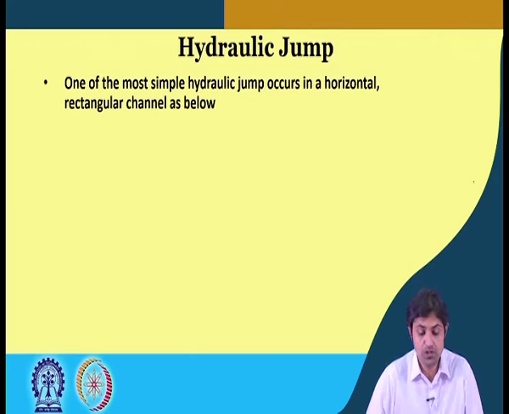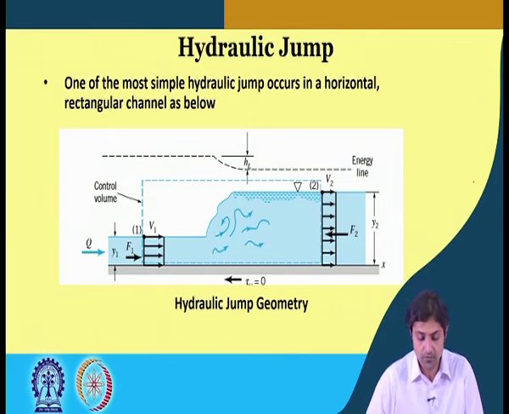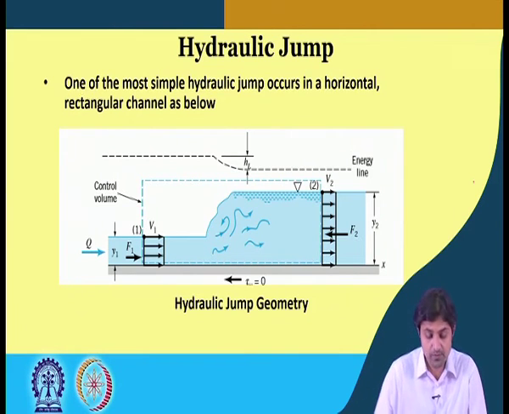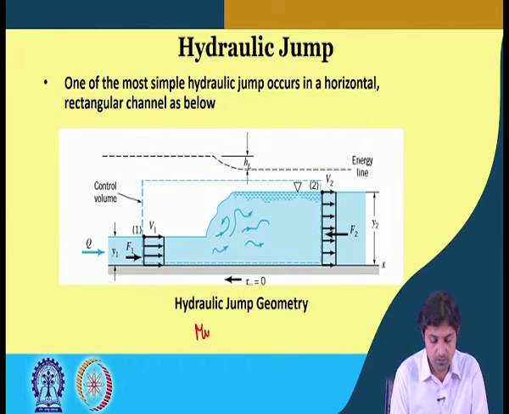So, one of the simplest hydraulic jumps occurs in a horizontal rectangular channel as below. We are going to see one of the simplest occurrences of hydraulic jump. This figure has been taken from Monson, Okiishi and Young's book Fluid Mechanics. Okay.